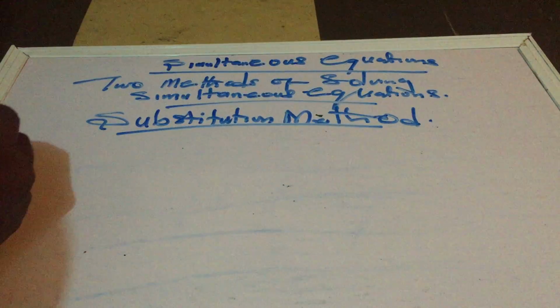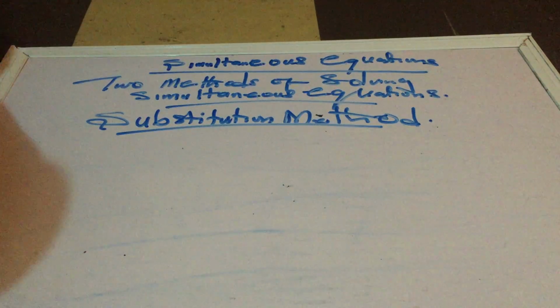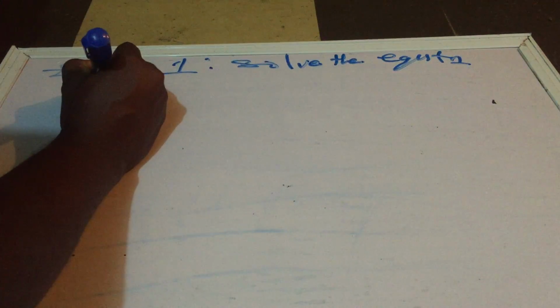Now, the substitution method. For example, let's say example one, they say solve this equation: 3x minus 2y is equal to 5.